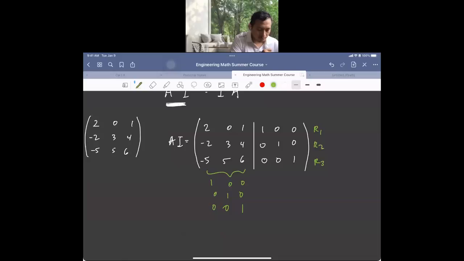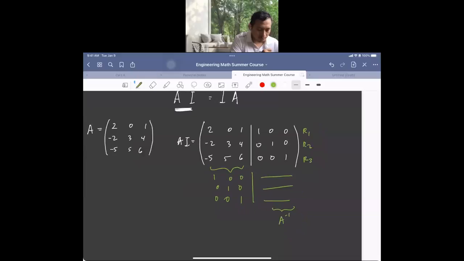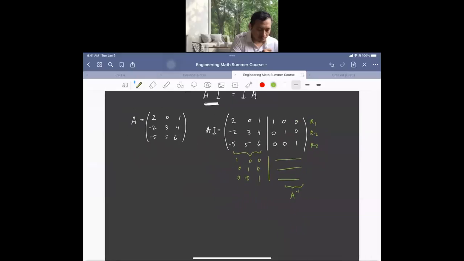The idea is to make the left side the identity matrix, and the one that will be on the right side will be our inverse. And if you can see some numbers that are easy to calculate, this will be very fast. This is a very efficient and effective method to find the A inverse.